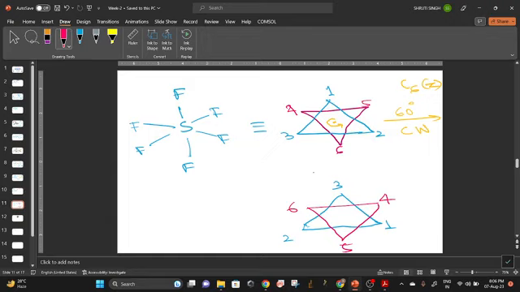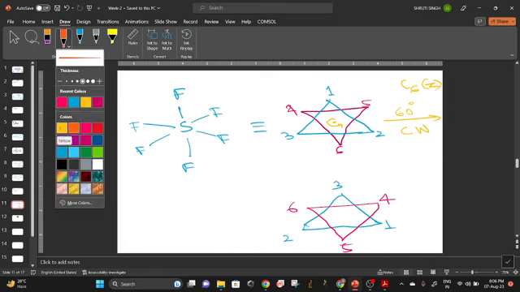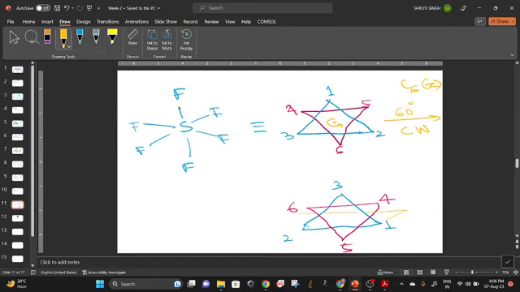Now since I have drawn it in two different colors, it seems like there are two different kinds of triangles now, but all are F atoms. So even if I put a perpendicular plane in between, the purple triangle which is up will go down.